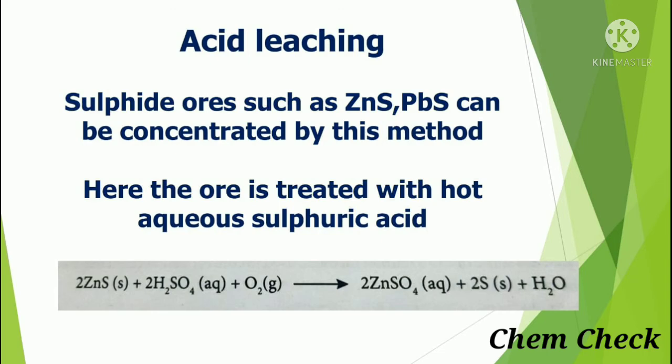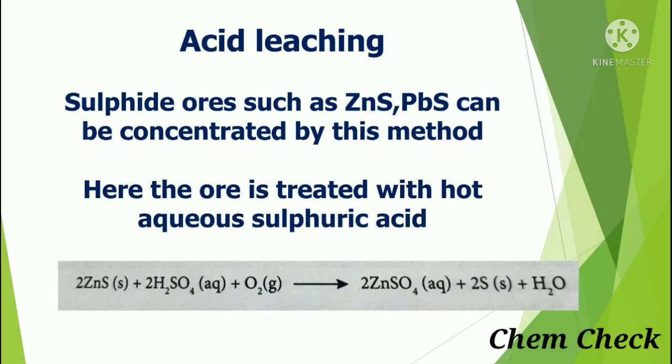Suppose you take zinc sulfide, the example given in the book. When this insoluble zinc sulfide is treated with sulfuric acid, we get a soluble sulfate, and elemental sulfur is also obtained. So in this method we can separate some impurities from zinc sulfide ore or some other sulfide ore also.